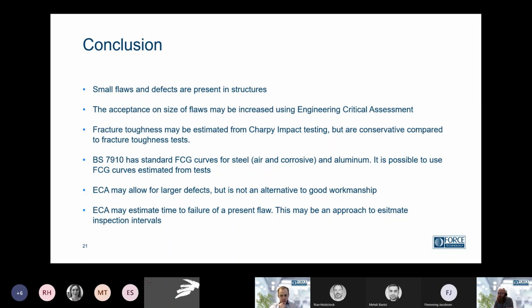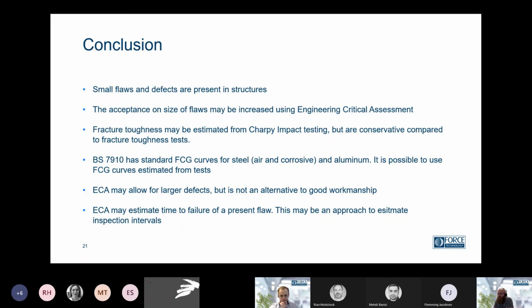And the BS7910 has standard FCG curves for steel, both in air and corrosive environments, and for aluminum. It is possible to use fatigue crack growth curves estimated from tests if you have some more exotic materials, or you want to test at specific R ratios, and you want to challenge the recommended curves in the standard.